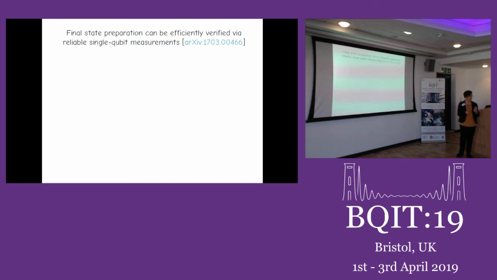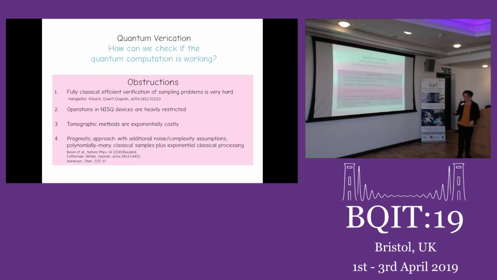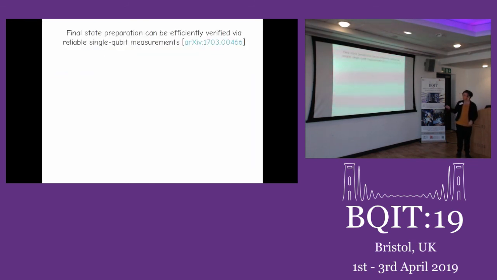So if we have some quantum resource, reliable quantum detectors, reliable single qubit measurements, we can show that we can verify our quantum computations in precisely the preparation of the final basis state, and actually only using polynomial time. So this is a difference with the previous approach number 4. The main difference is that everything here runs in polynomial time. And in the previous approach, they are only taking classical samples. Here we are taking quantum samples.